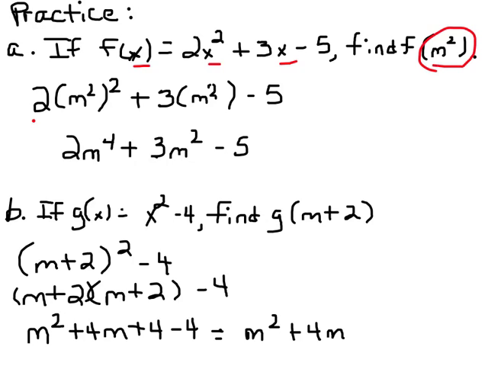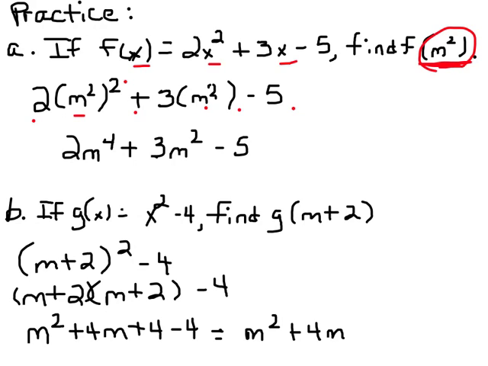So 2 times m squared squared plus 3 times m squared minus 5. When I square m squared, I get m to the 4th, and I multiply this by 2, I get 2m to the 4th plus 3m squared minus 5. That would be my output if this were my input.